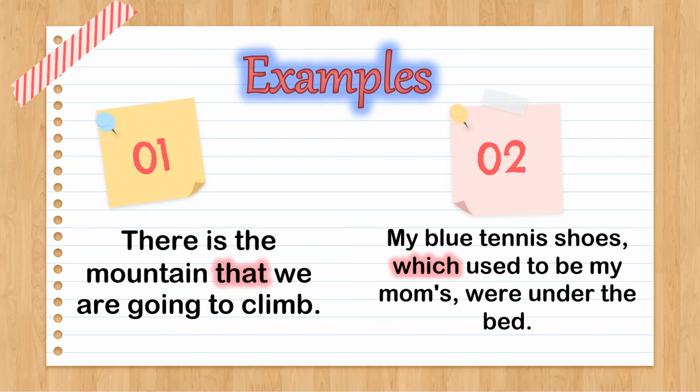Which is a pronoun replacing shoes in the dependent clause, "shoes used to be my mom's", and relating it to the subject of the independent clause. So it is related to blue tennis shoes. That's why you are using which. You are answering the question, which shoes in this case? My blue tennis shoes, right? And you have a dependent clause and an independent one.